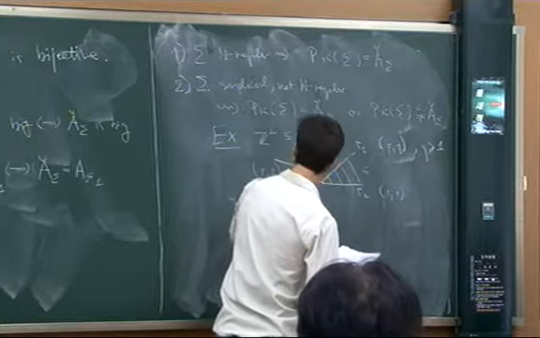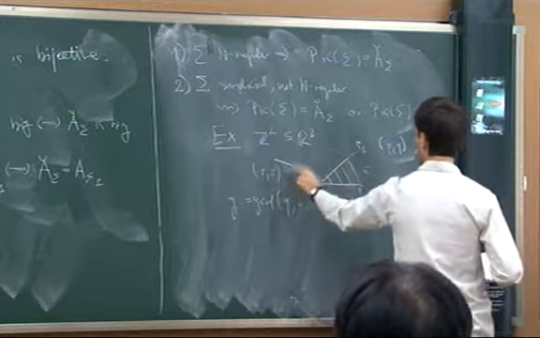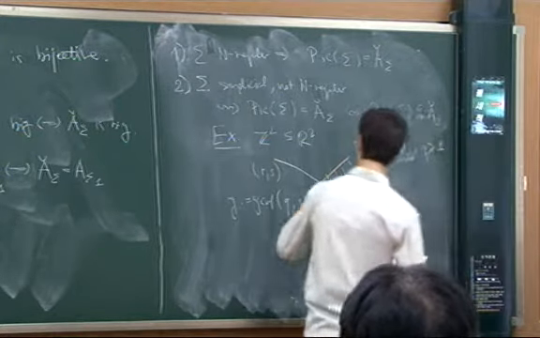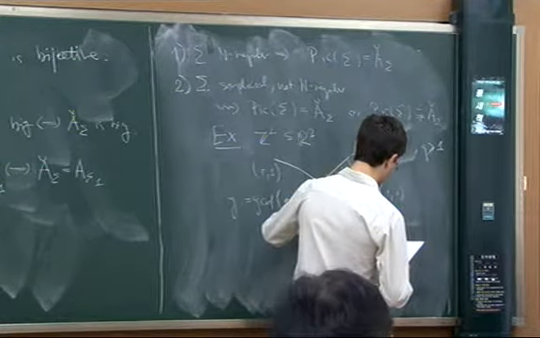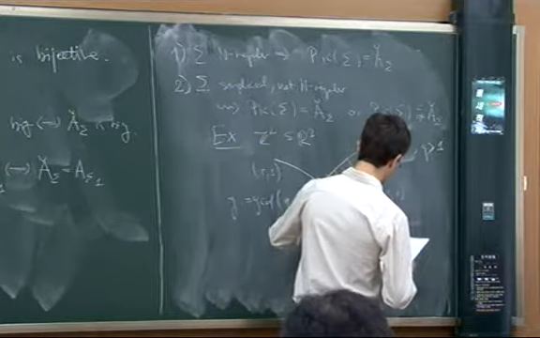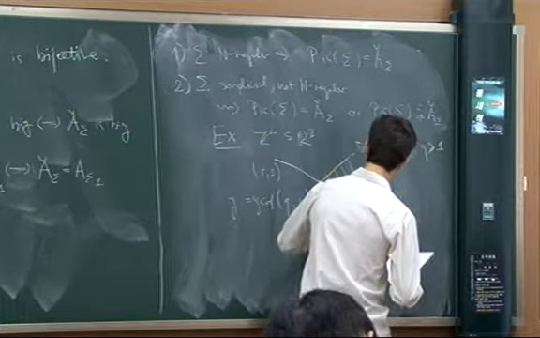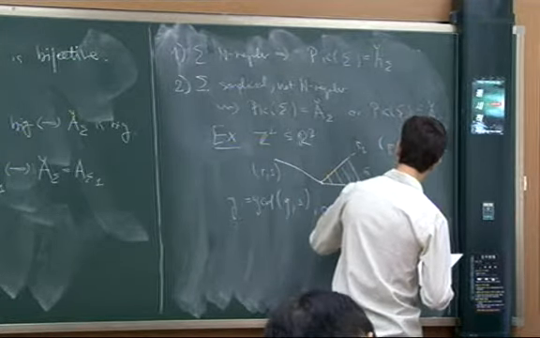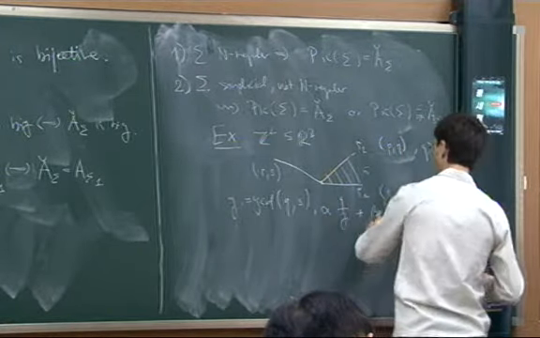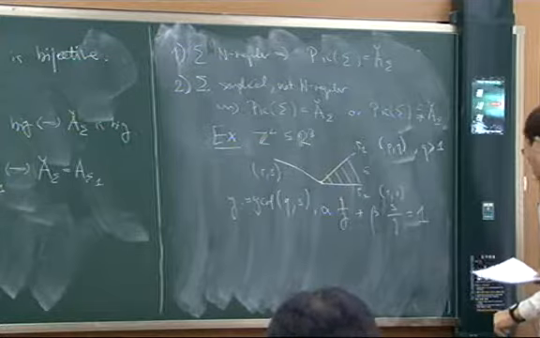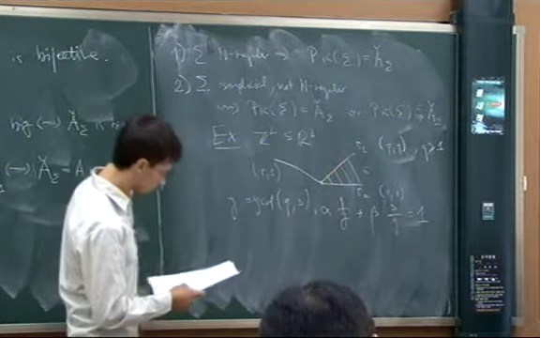Then we write G for the greatest common divisor of Q and S, so the second coordinates of these two rays. And then we can write alpha times Q over G plus beta times S over G equals 1. So we choose such alpha and beta. And then we can compute all these groups.